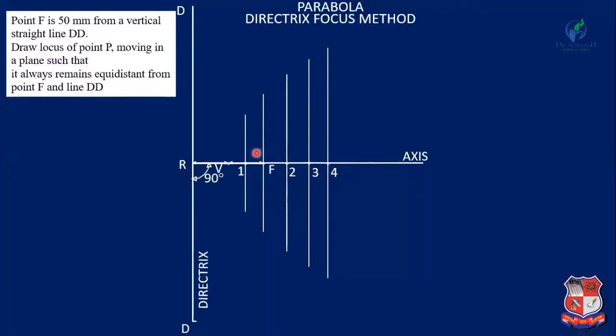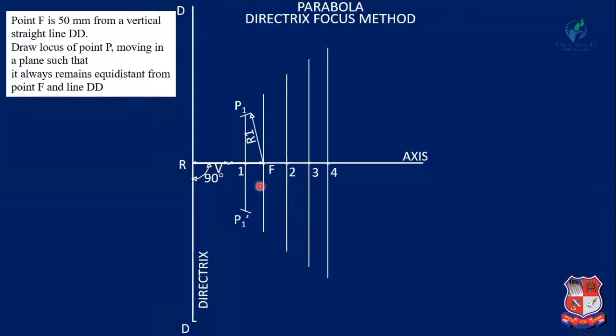Okay, all the lines are parallel to each other and perpendicular to the axis. Now with F as the center and radius equal to R1, where R1 is the radius and F is the center, draw an arc on this line. So this point is P1, and similarly on the other side you will get another point P1 dash.